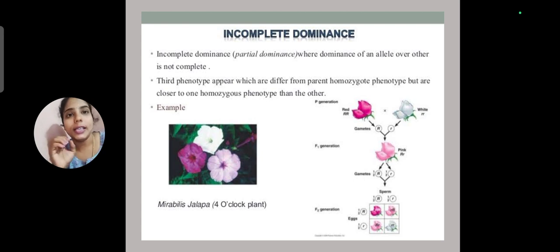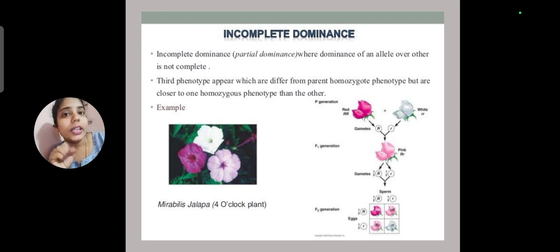It occurs in Mirabilis jalapa, also called the four o'clock plant. In 1904, the scientist Carl Correns introduced incomplete dominance in Mirabilis jalapa. Here, two parental flower plants, one red and one white, interact with each other.